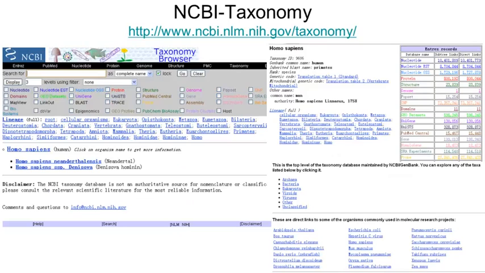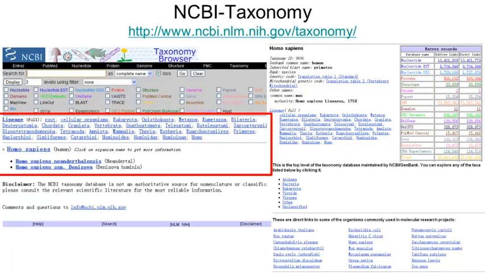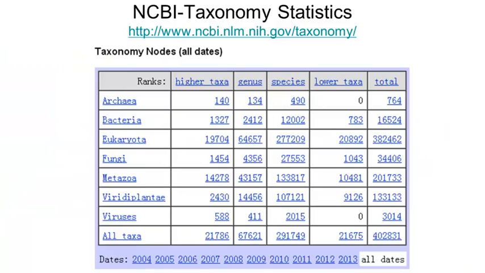For instance, Homo sapiens is a small branch of Hominidae, which is a branch of primates, which is a branch of Mammalia, which is a branch of eukaryotes, etc. As of the end of 2013, the Taxonomy database represents about 300,000 species and about 100,000 other higher or lower taxa on the taxonomy tree.